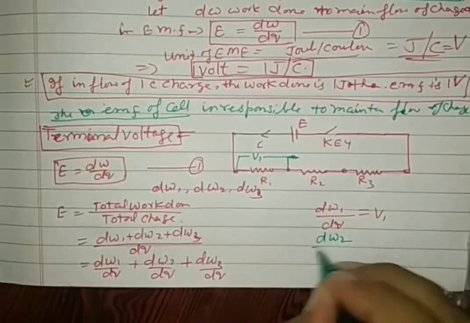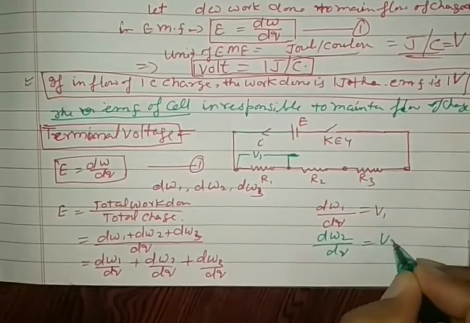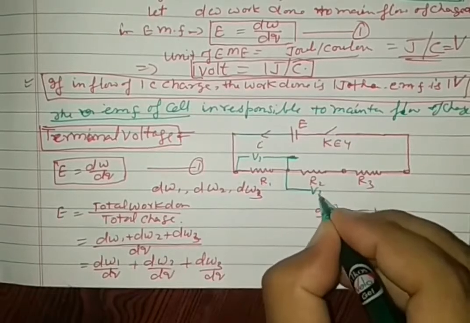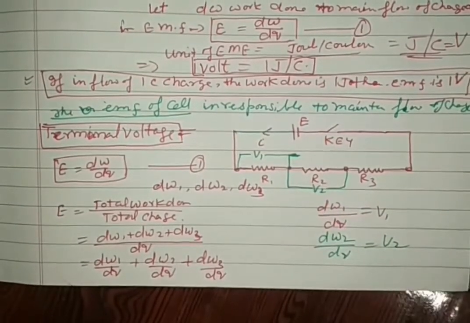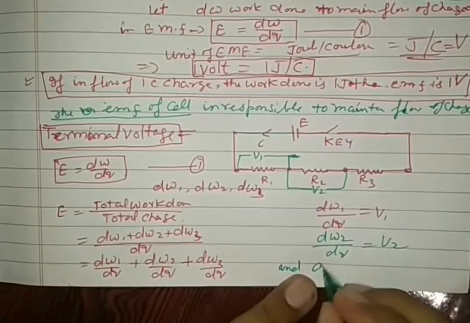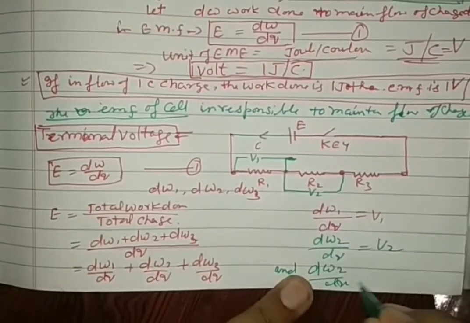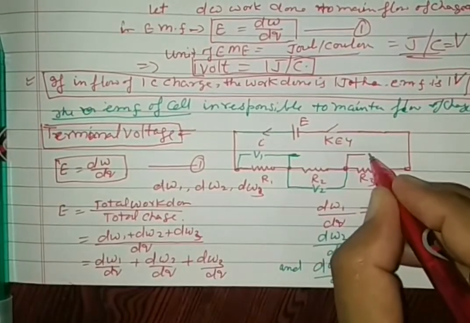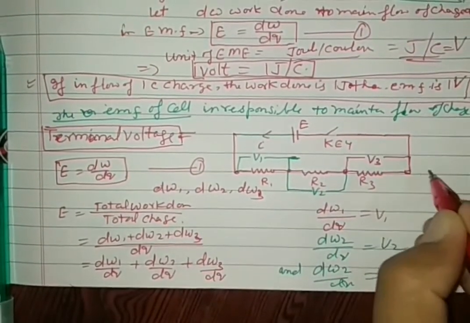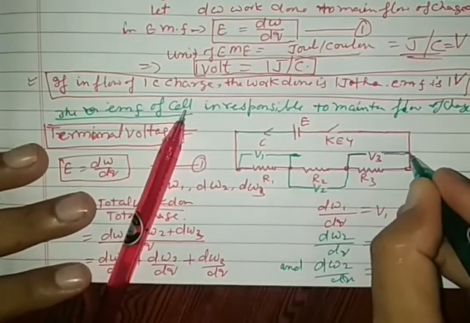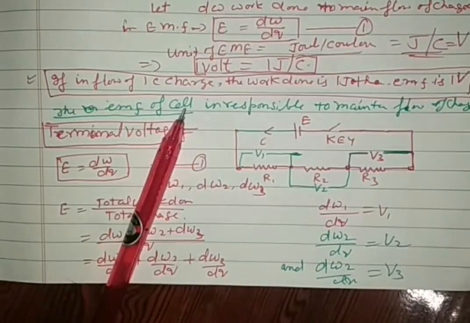Similarly, dW2 by dQ is the voltage across the second, and dW3 by dQ is the terminal voltage across the third.